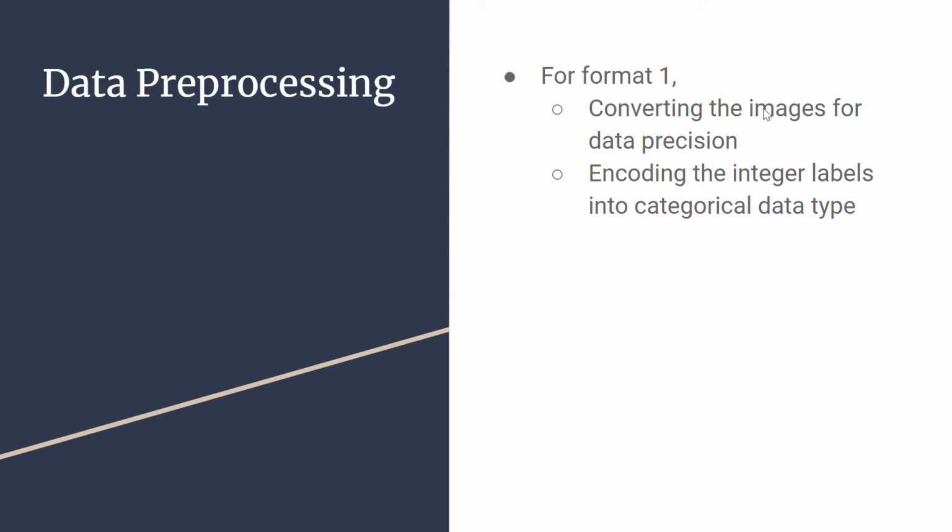For data preprocessing, for format 1, there are in total about 19,000 images available for training, 6,500 for testing, and 6,500 more for validation.